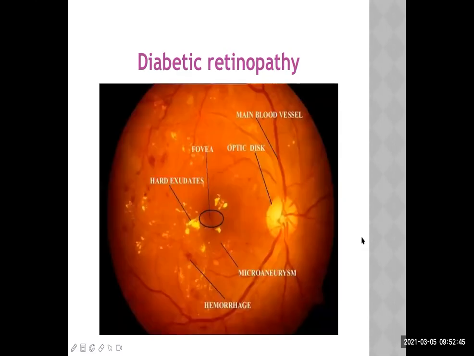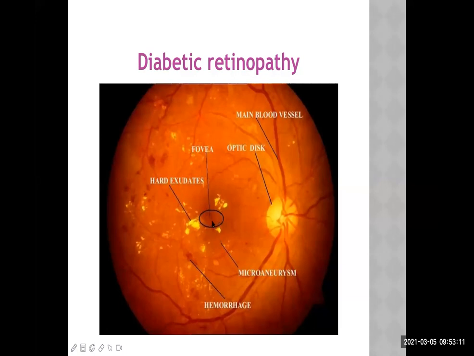Now, this is a much better picture, a fundoscopic picture, which describes diabetic retinopathy. This is the optic disc. You can clearly see, okay, these are the blood vessels which are coming out from there. See this? This is known as the macula. The central part of the macula is known as the fovea or fovea centralis. This is responsible for acute vision.